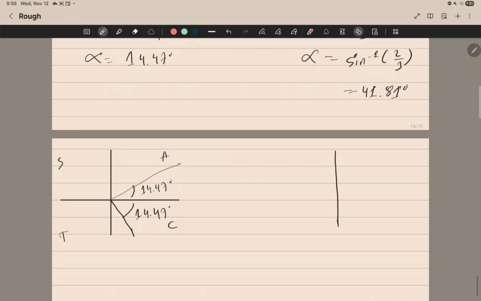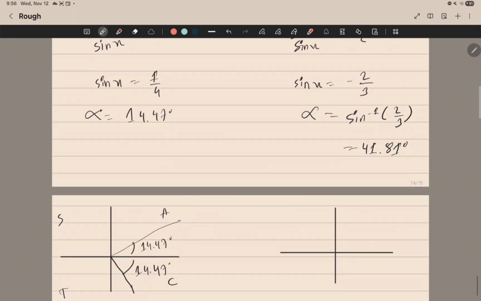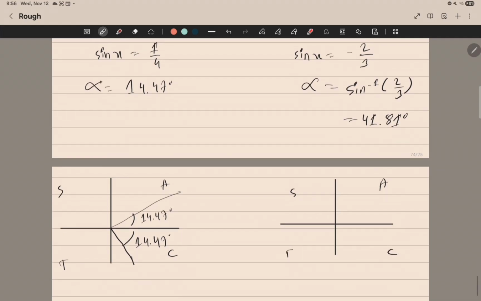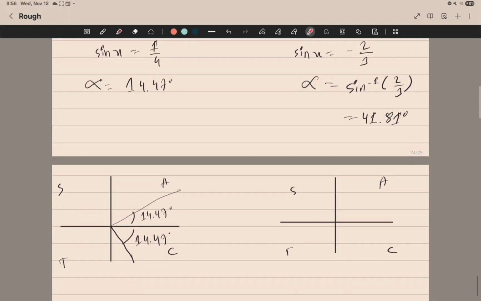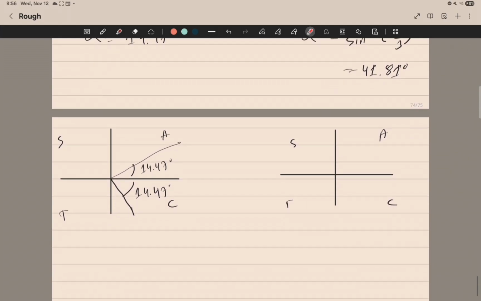Let's make another one. But here we will not take the quadrants where sine is positive. Even though this is positive, remember, we can completely ignore the minus, otherwise it will be same as sine x equals 2 by 3.